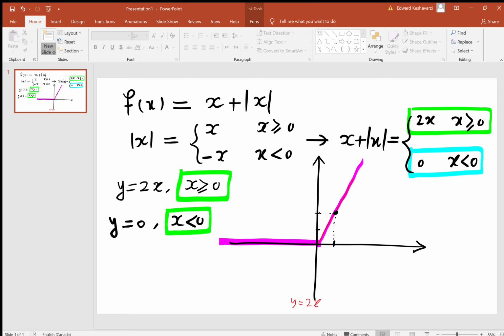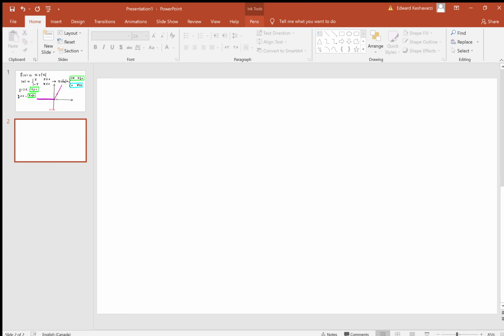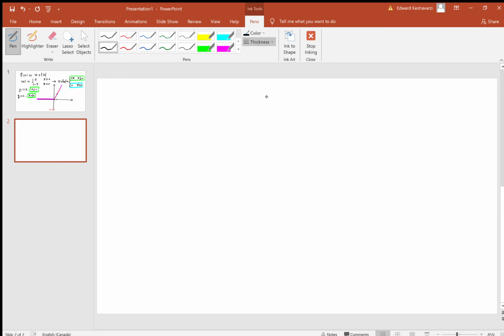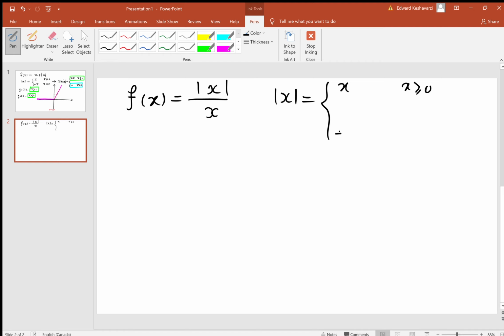So let's have another example. F of x equals absolute value of x over x. So absolute value of x can be written as x larger than or equal to 0, or negative x as x is less than 0.